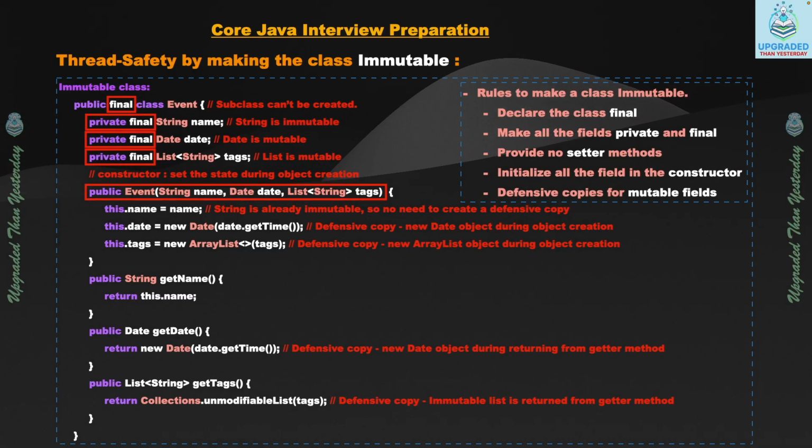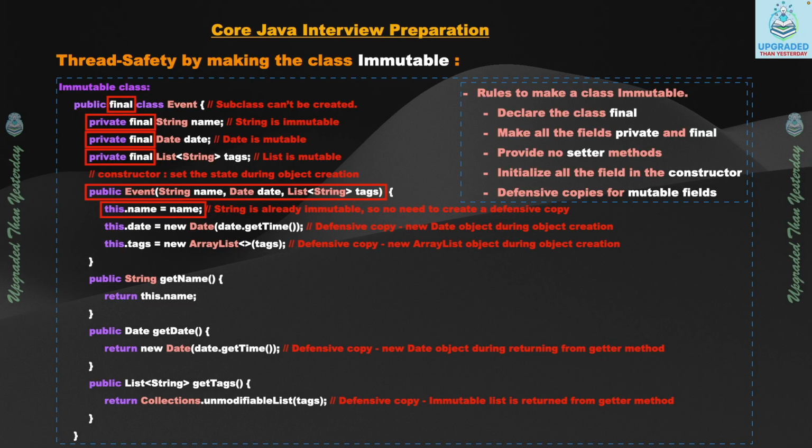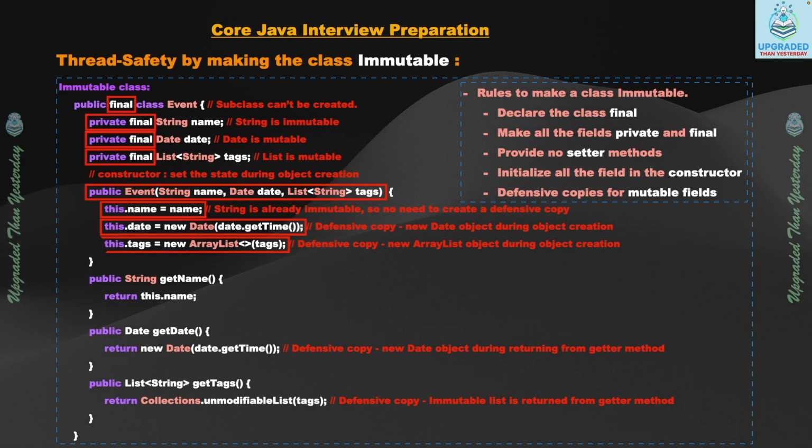It is a string type and the string class is already immutable, so no need to create a defensive copy. Second field, which is date, is mutable, so created a defensive copy. Third field, a list, again it is mutable, so created a defensive copy.